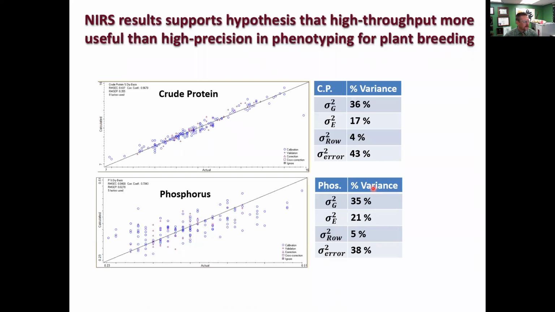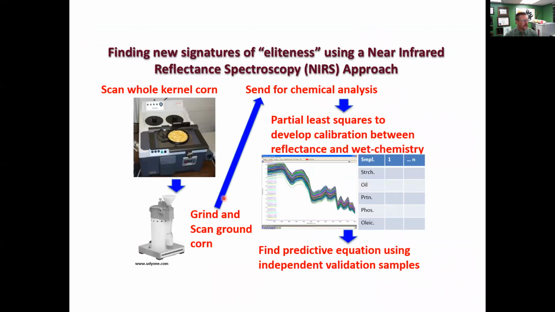Now this is different than what we were doing before. The traditional use of NIR is very much like QTL mapping. Let's develop a calibration for starch, or let's develop a calibration for oil, right? We've got thousands of different spectra that we're measuring, both in terms of number of individuals and wavelengths.